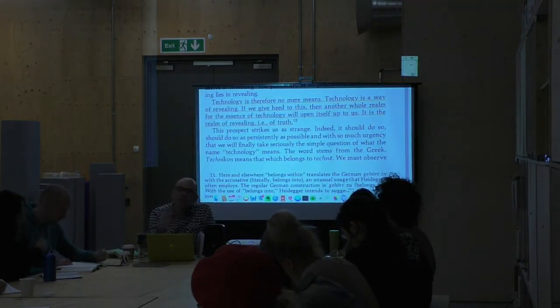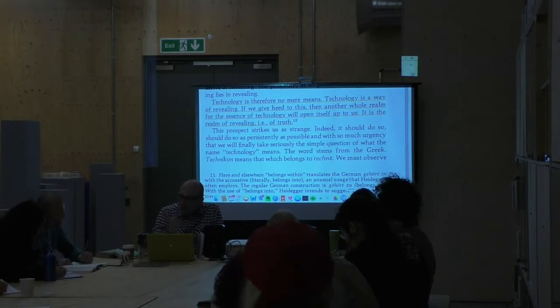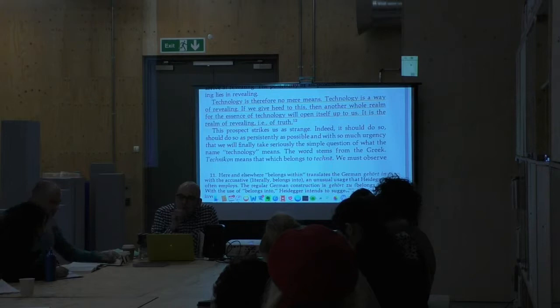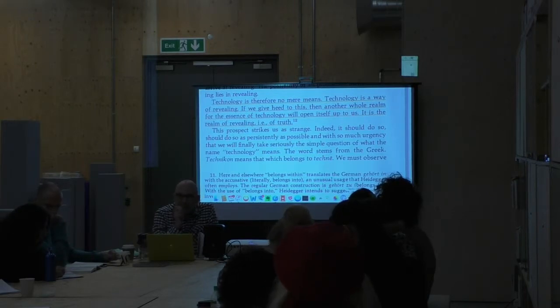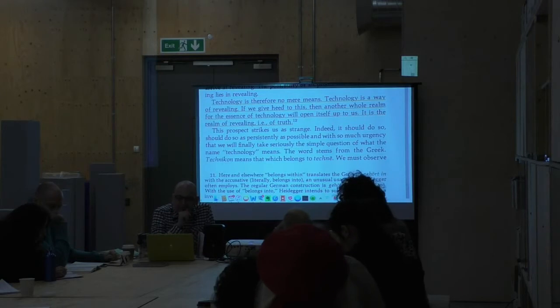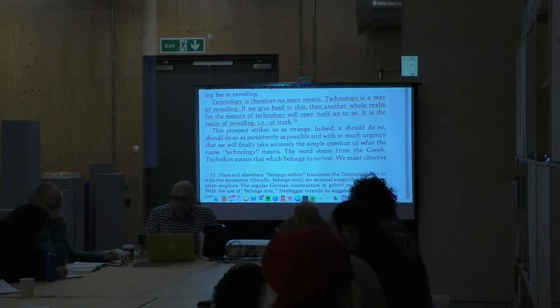Let's reread this sentence, but instead of technology, read photography, and let's see where it takes us. Photography is therefore no mere means.